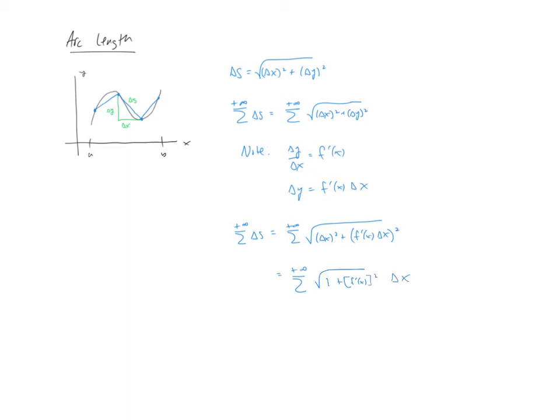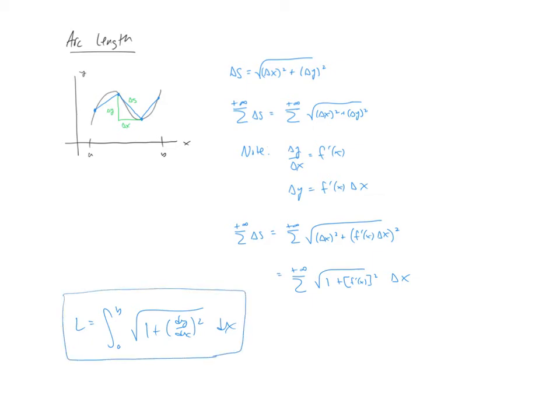Now, taking that infinite sum and converting it to an integral, the actual arc length would be the integral from A to B, square root 1 plus dy dx squared dx. Once again, just changing the notation at this point to something a little more familiar to be a little more consistent. And so that's going to be one of our arc length formulas.